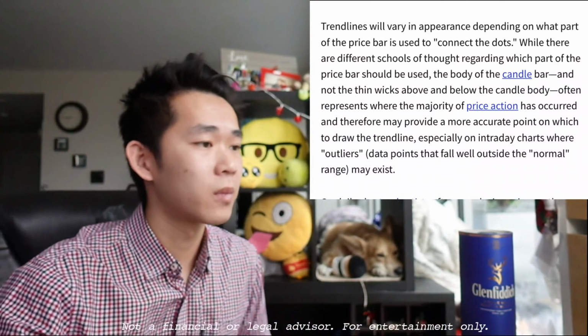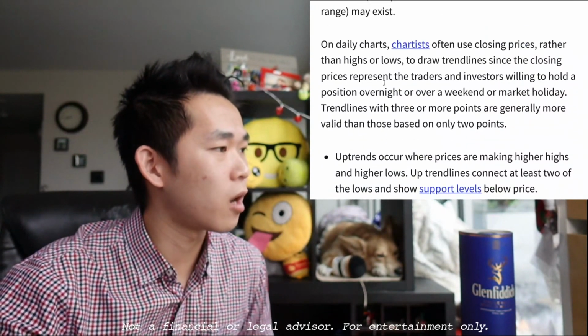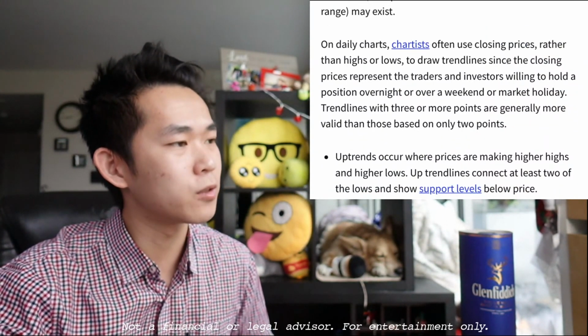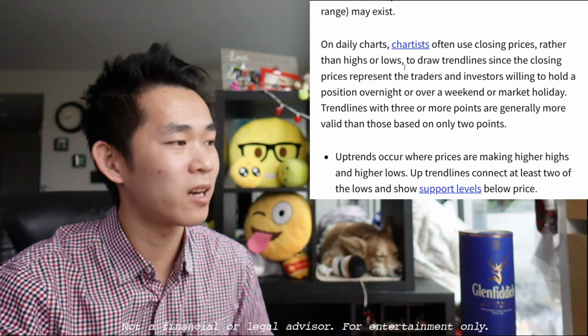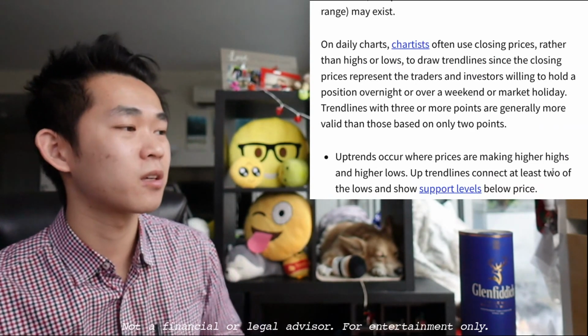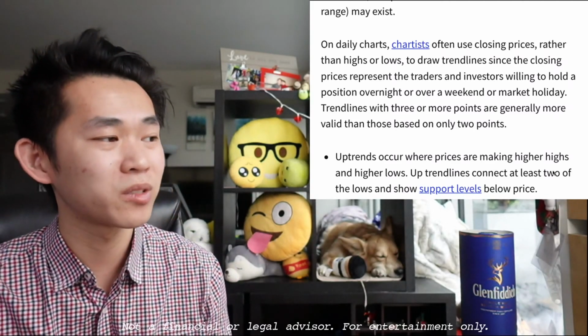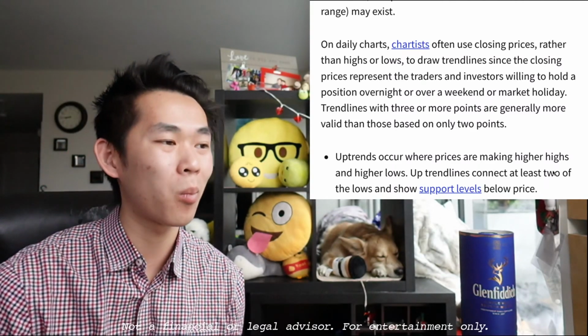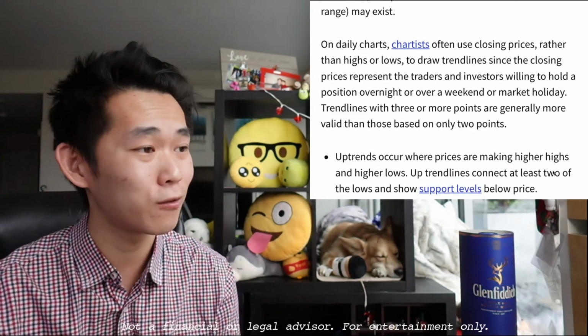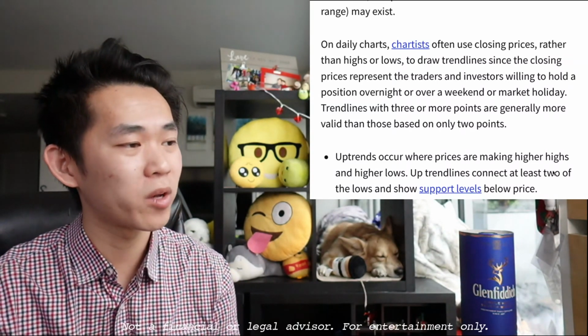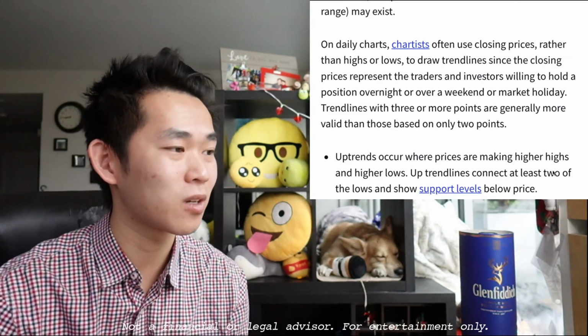Okay, I wonder how many more points we have here. So on daily charts, chartists often use closing prices rather than the highs or lows to draw trend lines, since the closing prices represent the traders and investors willing to hold a position overnight or over a weekend or market holiday, like the one that happened on Good Friday. Trend lines with 3 or more points are generally more valid than those based on only 2 points.